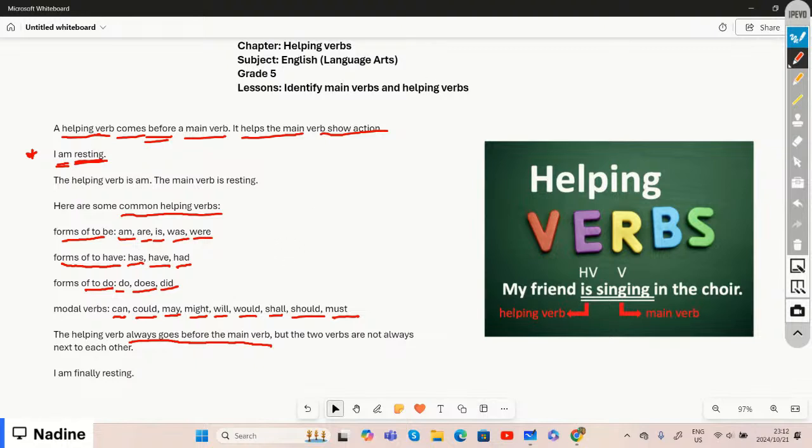And if we look at an example where the helping verb and the main verb are not next to each other, we can say, I am finally resting. And remember, we said first identify the main verb, and the main verb is resting.